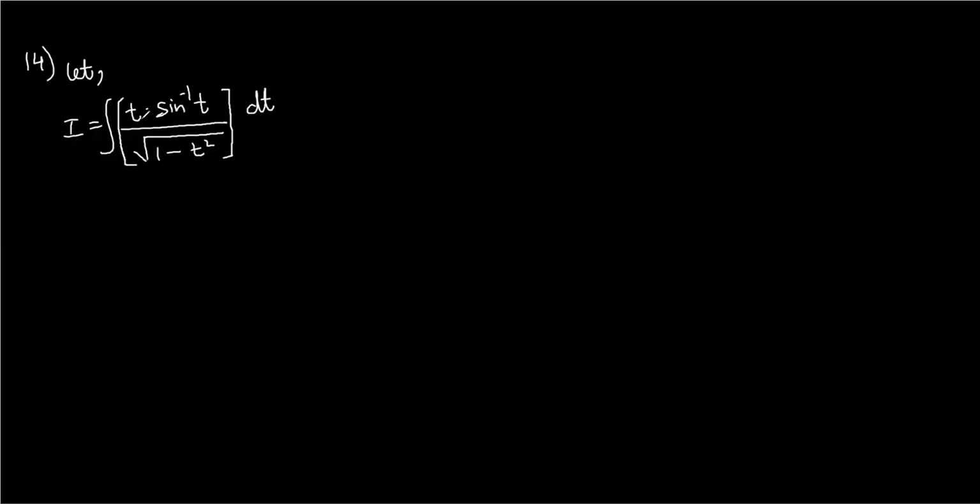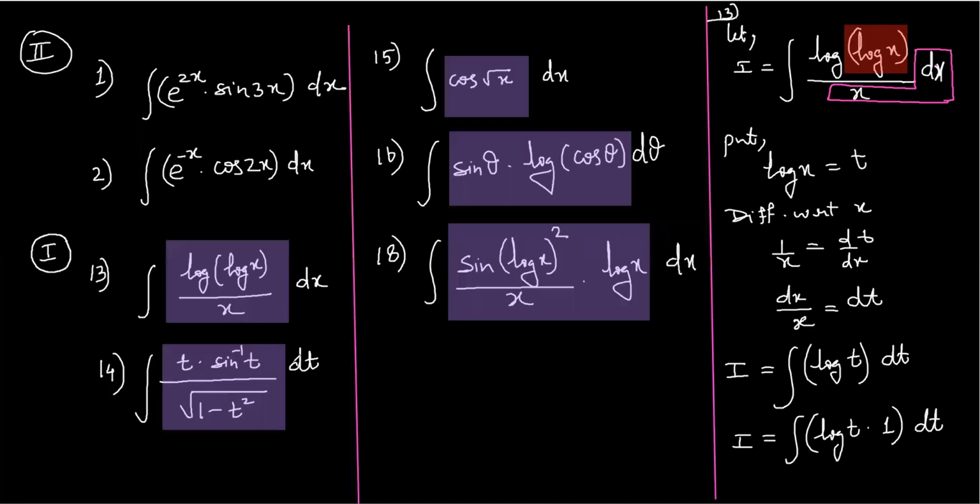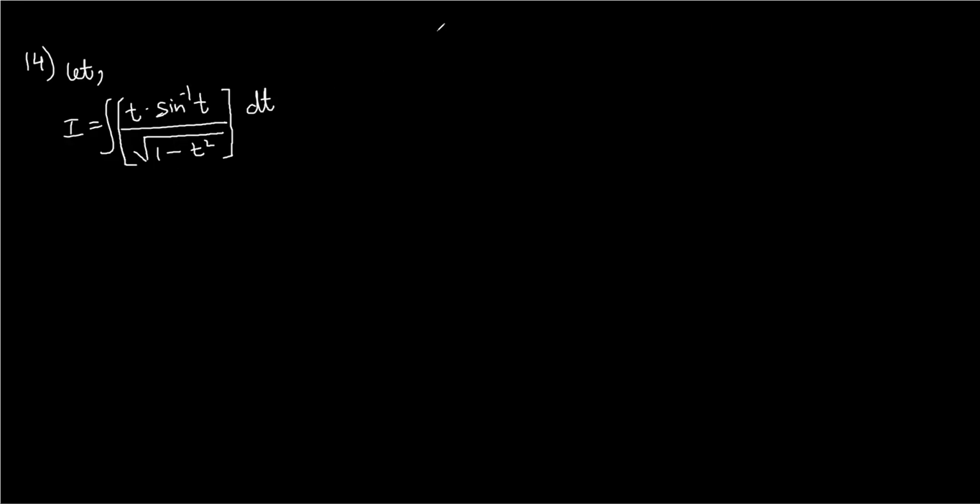Now let's see question number 14. I have copied the 14th question there. It is t multiplied by sine inverse t divided by root of 1 minus t square. Now what I do here is, once again, I go for substitution. And the idea of substitution I get only when I see the function completely.